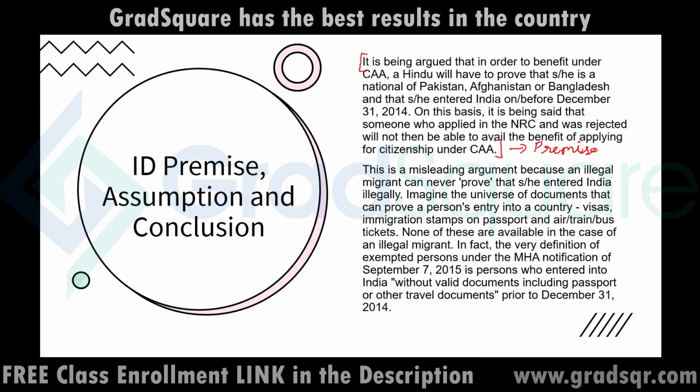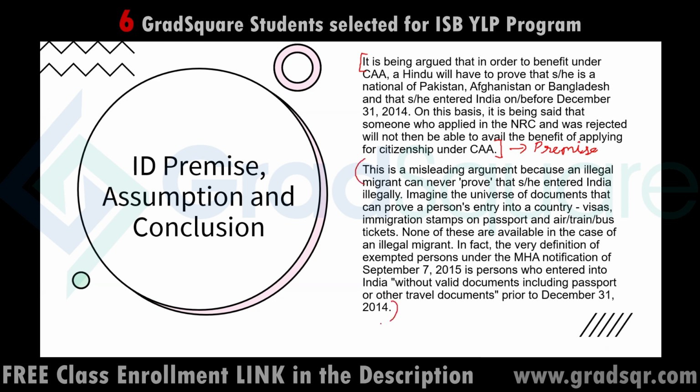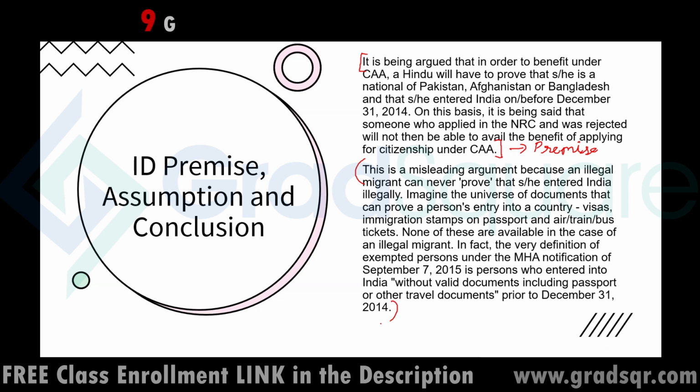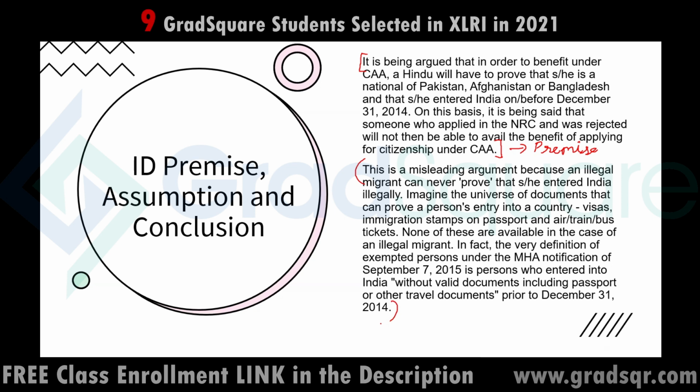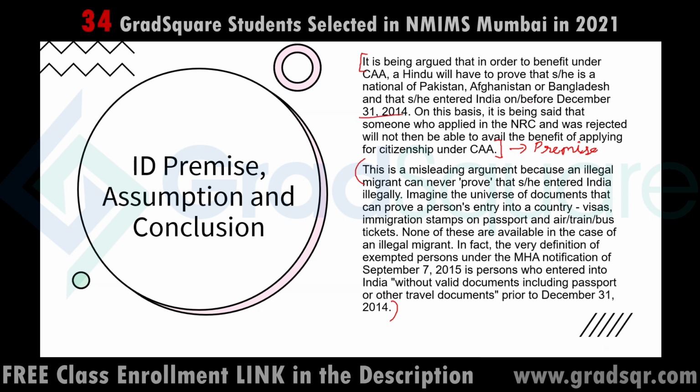What is the argument of the author, or what is the conclusion of the author? The conclusion is the entirety of the second paragraph, where the author is saying that this particular bill is not going to work. Why is this bill not going to work? Because the author says that it is not possible for anyone to prove that they have entered illegally on or before December 31st.